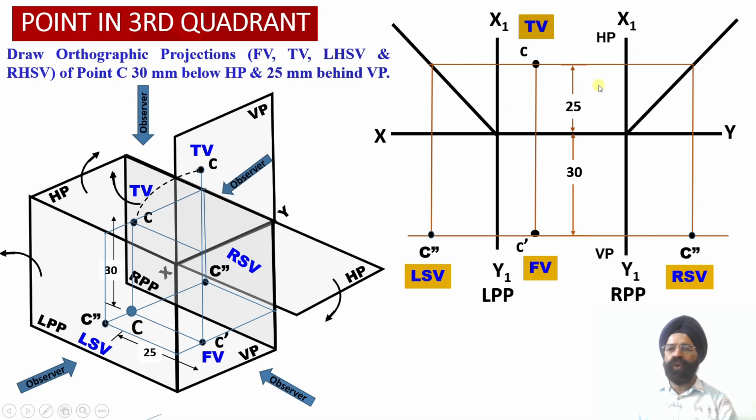The top view orthographic projection of the point C has been obtained above the XY reference line. The left-hand side view orthographic projection of the point has been obtained on the left-hand side of the front view projection below the XY reference line, and the right-hand side view orthographic projection of the point has been obtained on the right-hand side of the front view orthographic projection below this XY reference line.